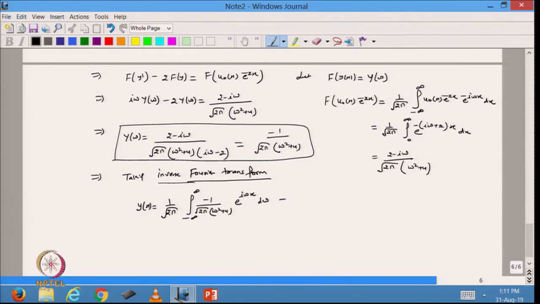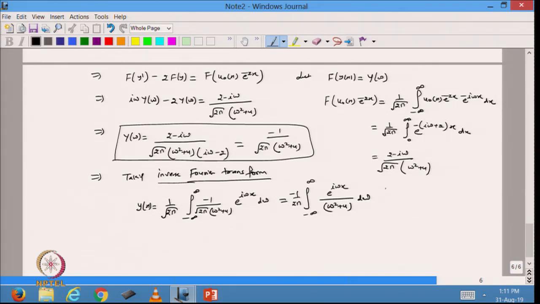So, if I solve this further, this will be 1 over 2 pi, minus, I can take outside, integral from minus infinity to infinity of e raised to power i omega x over omega square plus 4 d omega.